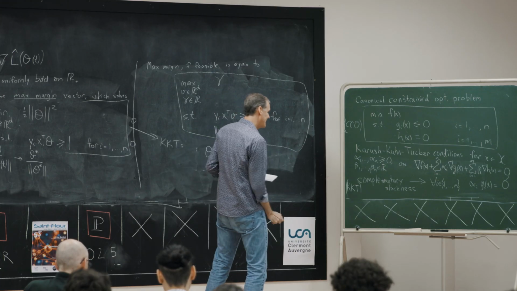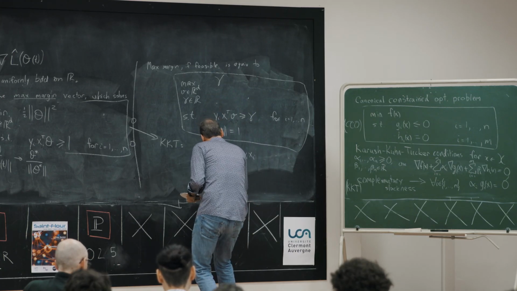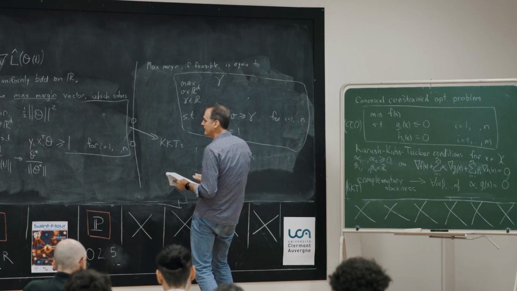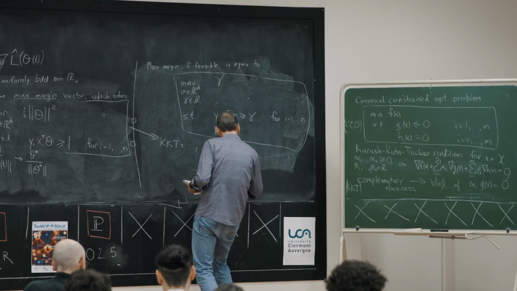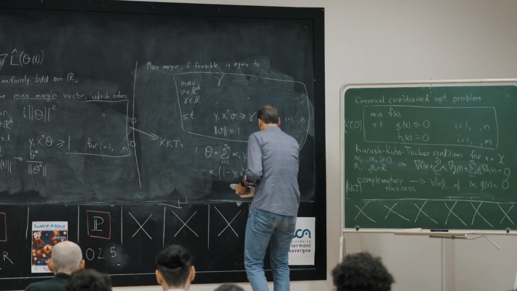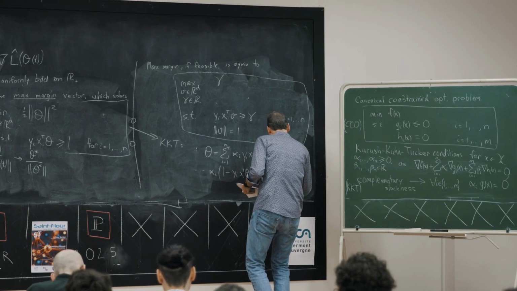And the complementary slackness condition is alpha_i times 1 minus yi xi transpose theta, that thing is equal to 0.